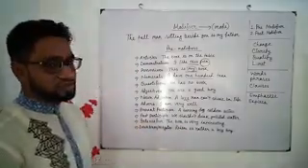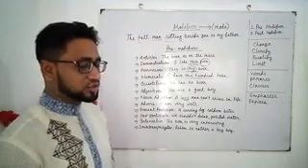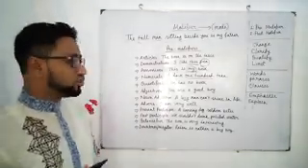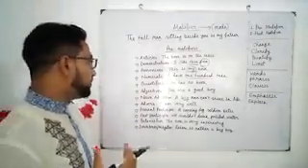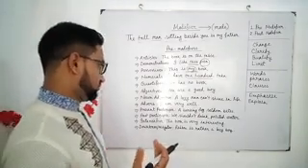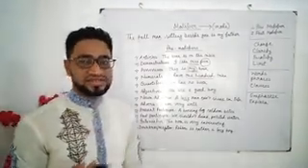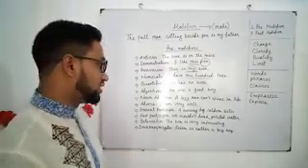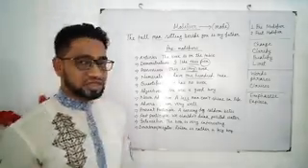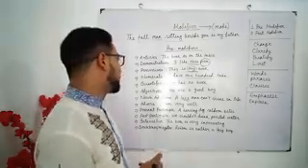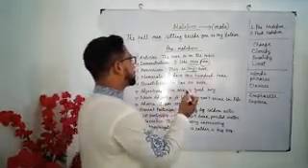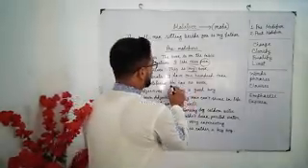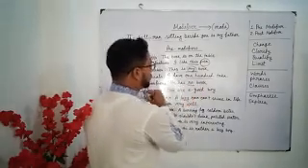Then quantifiers. Quantifiers quantify the meaning of a word. Quantifiers are like how much, how many, some, no, little, etc. Quantifiers can also be modifiers. The example is, he has no book.